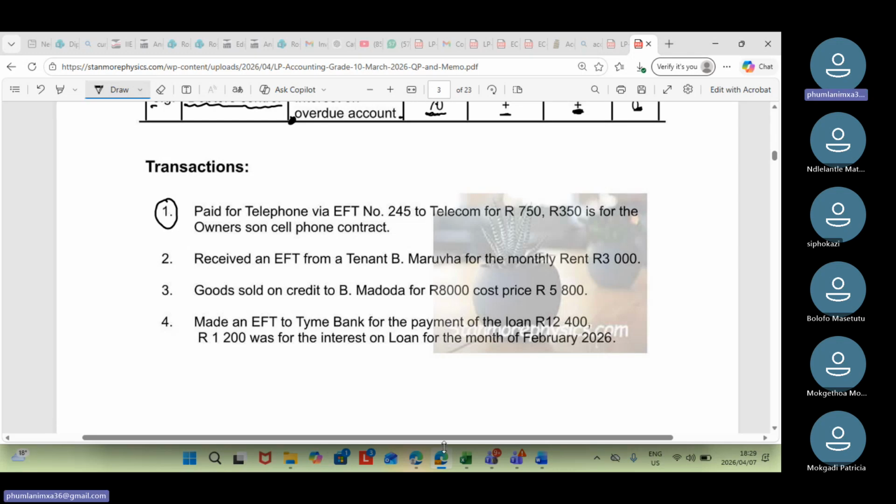Paid for telephone via EFT number 245 to Telkom for 750.